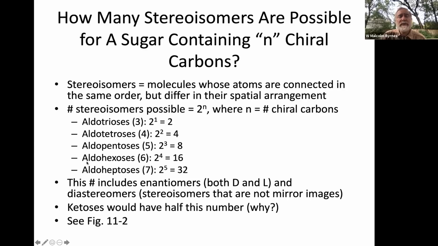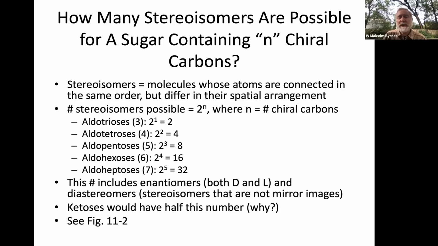Well, let's take a look at, for example, the aldohexoses here. These are sugar molecules with 6 carbons, and there are 16 possible stereoisomers. Now, this 16 includes L isomers and D isomers. And again, you really only find D in nature.